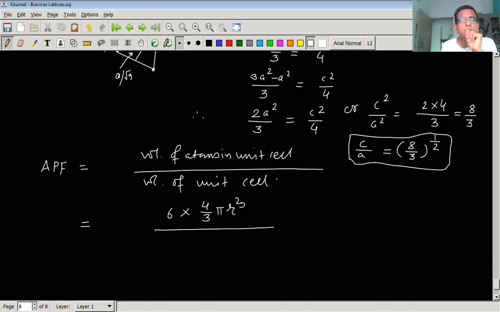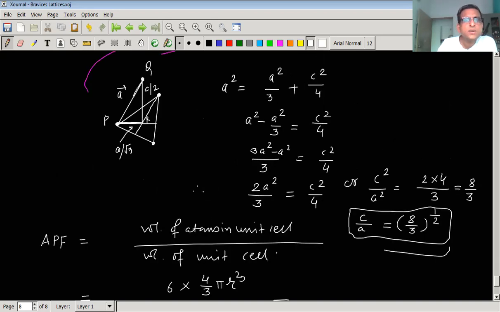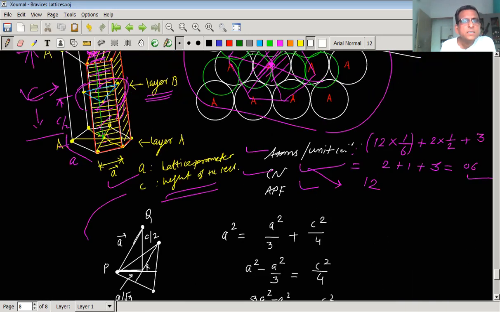So volume of the unit cell will be given by, now how is the unit cell? Unit cell is consisting of hexagonal base and height c. So it will be given by area of the basal plane or area of the base into height. Now this basal plane consists of 6 triangles.